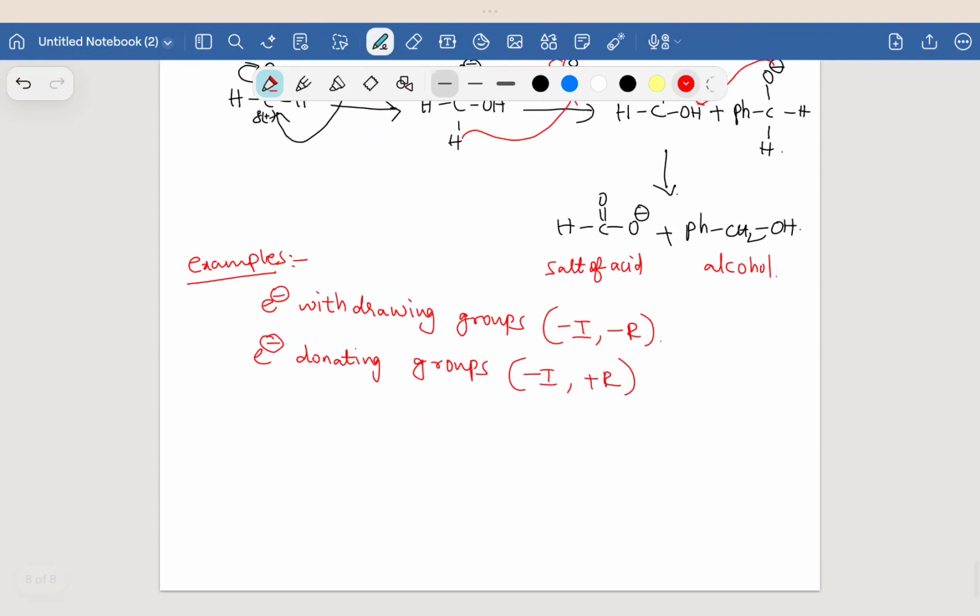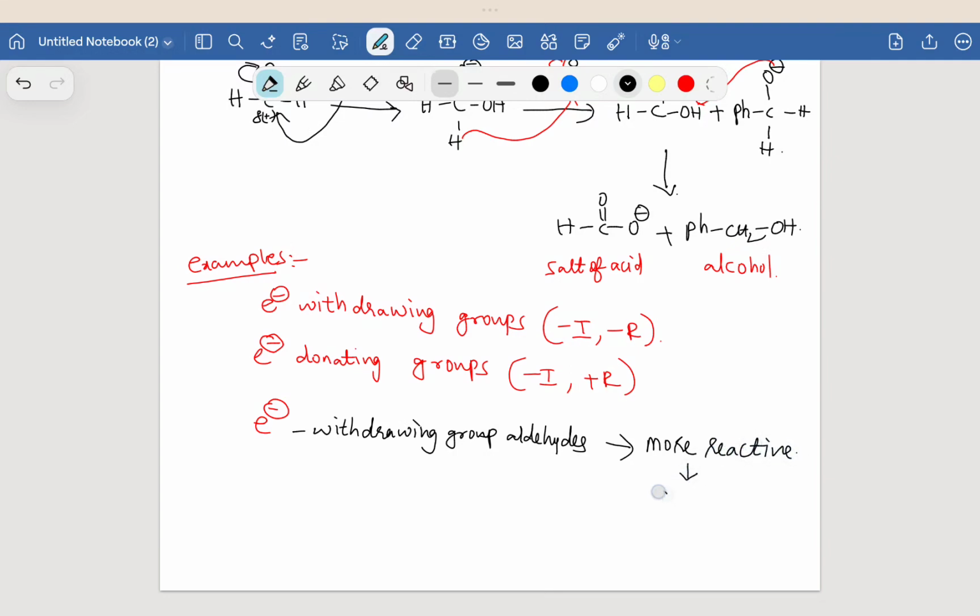So which aldehydes will be more reactive: the aldehyde having an electron withdrawing group or an electron donating group? Electron withdrawing groups make it more reactive. Why? Because it will increase the electrophilicity of the carbonyl compound. Electron withdrawing group aldehydes are more reactive as compared to electron donating ones.